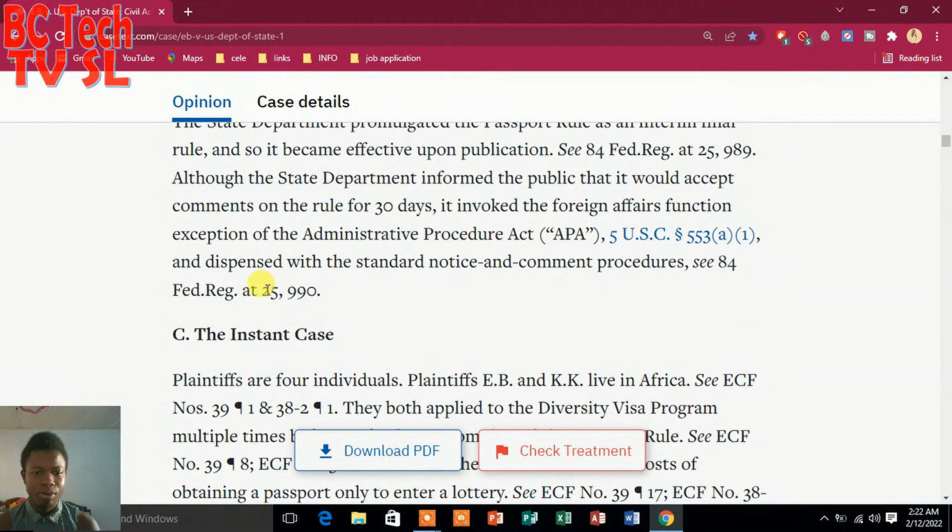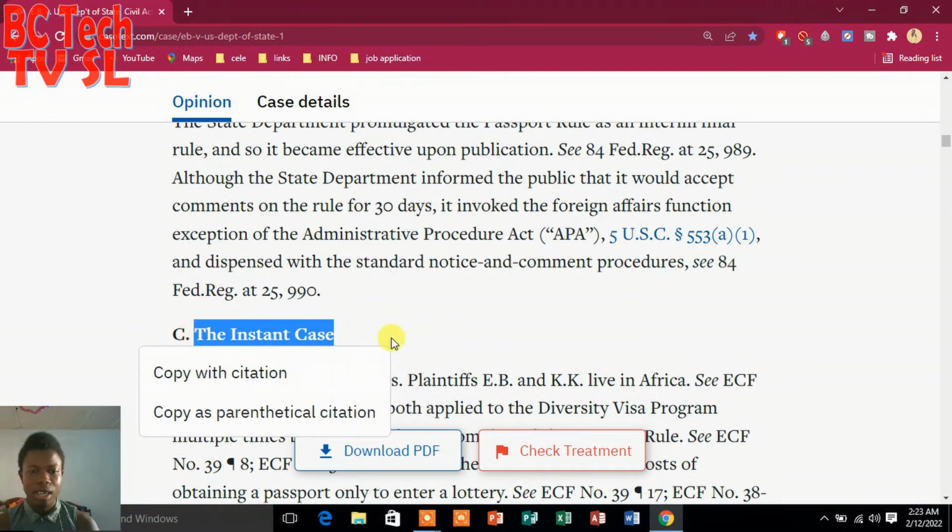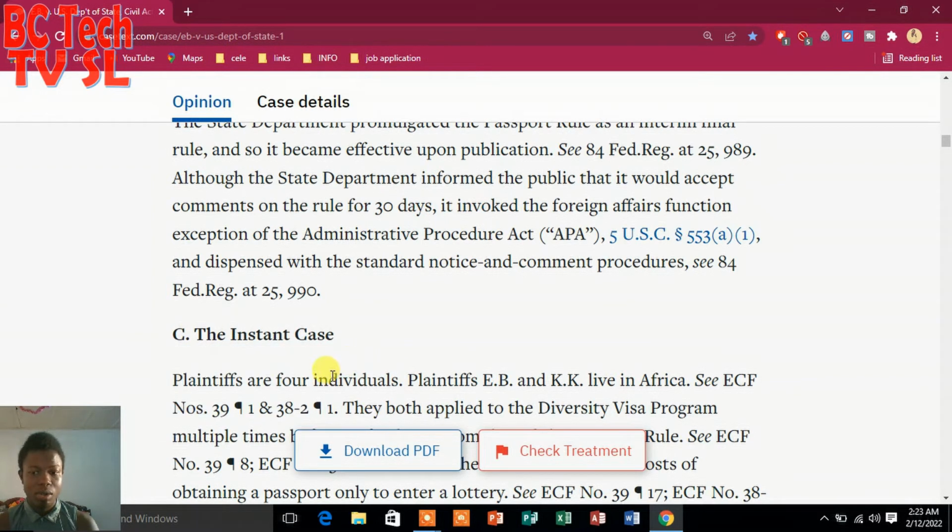So the instant case. They are talking about the case number; all people that won the DV will be given a case number. So there are four individual plaintiffs. EB and KK live in Africa.